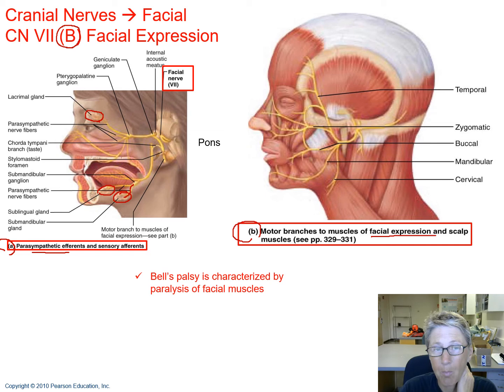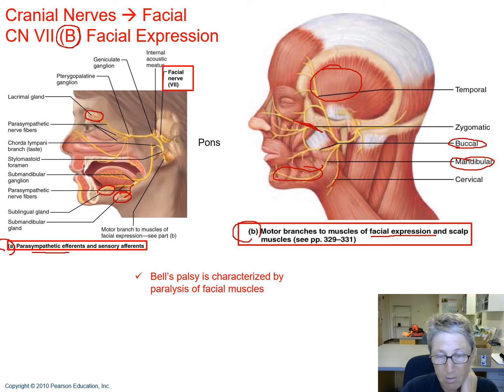So these are all branches of the facial nerve. You can see this nerve goes to the temporal area, the zygomatic area, that's, remember, the zygomatic arch, the buccal means cheek, mandibular has to do with your mandible, this area, and then the cervical branches of the facial nerve.